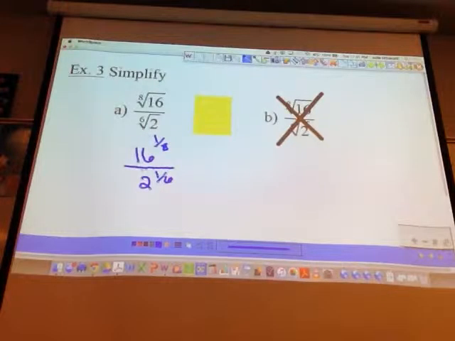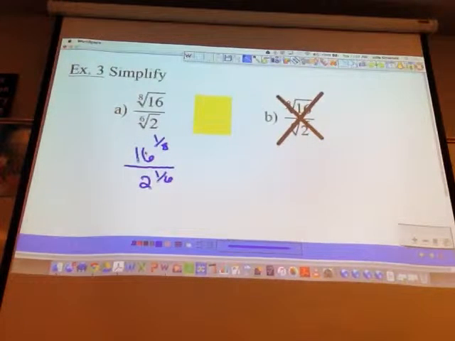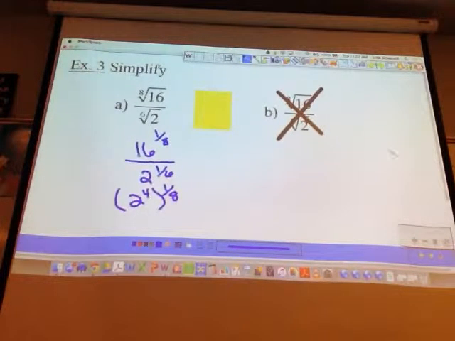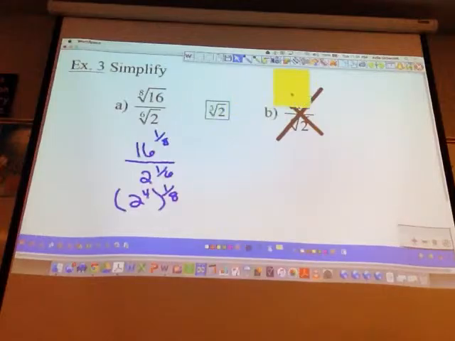And what I see is that 16 can be written as 2 to something. 2 to the what makes 16? 2 to the 4th power makes 16. All right. Let's see how I want my final answer to look.